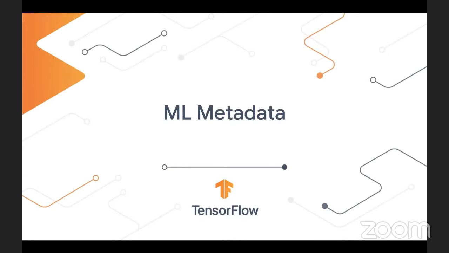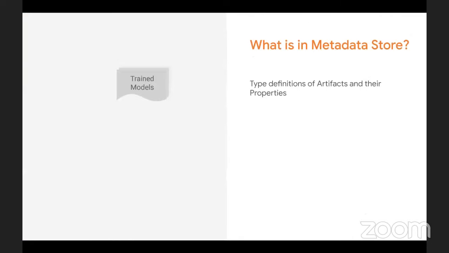Okay, so ML metadata turns out to be a really important piece of this architecture. So what's in metadata? Well, fundamentally, artifacts. Artifacts are kept in metadata. And artifacts have a couple of different things. They have properties that are associated with the artifact, for example, the artifact type.